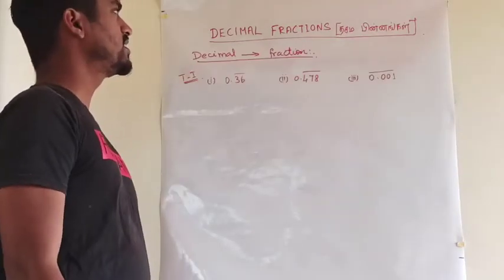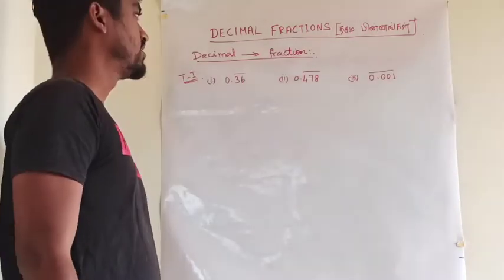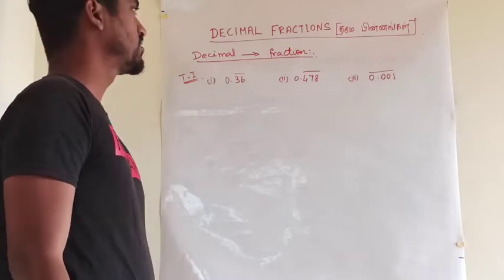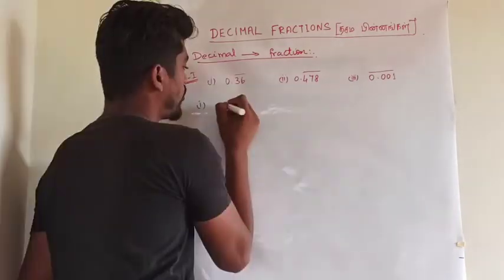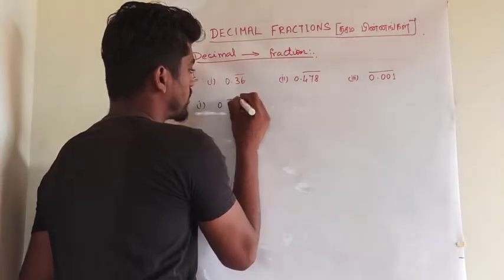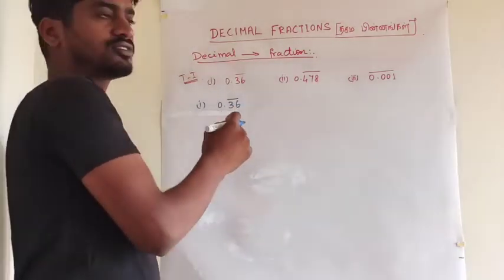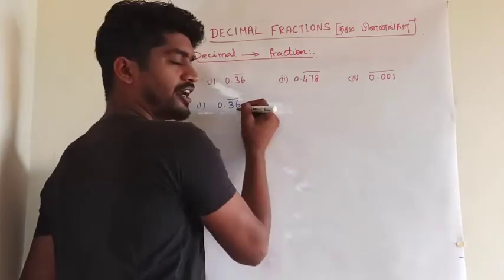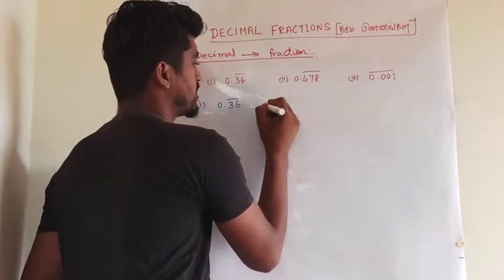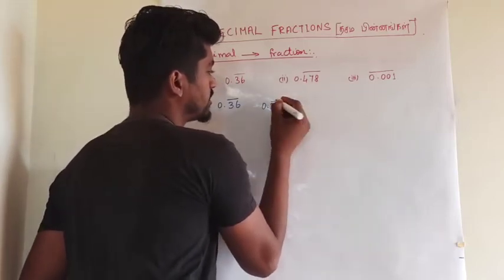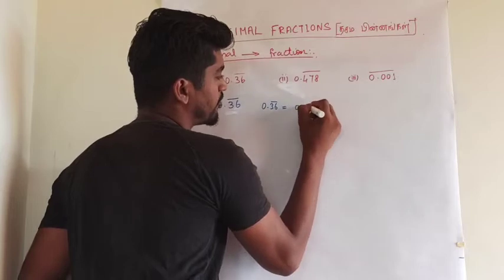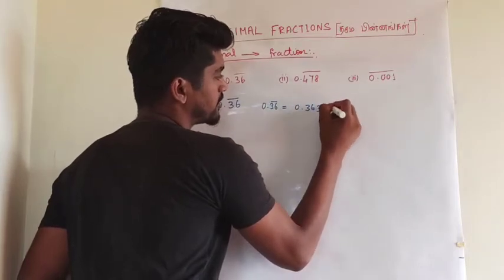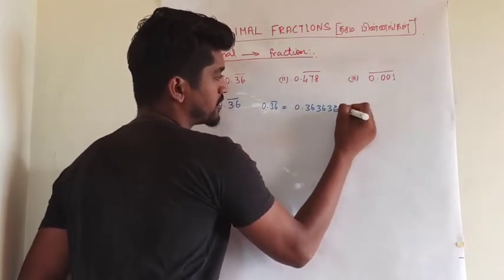Conversion of recurring decimal into fraction. There are 3 types of sums. The first type is 0.36 bar. The bar denotes that the number is continuously repeated. For example, 0.36 bar means 0.36, 36, 36, 36 like that.